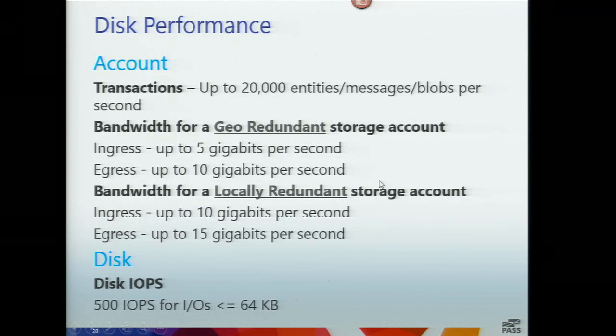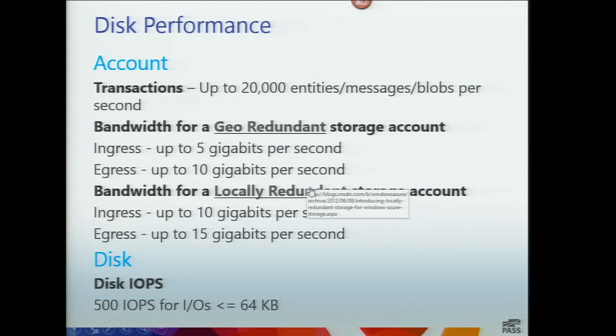So when it comes to disk performance, here are some limits to be aware of. The number of transactions for a storage account, up to 20,000 transactions per second. And then there's bandwidth ingress and egress into a storage account. So if your VMs are transferring huge amounts of data or you've got many, many VMs using the same storage account, you could actually run up against these kinds of limits.